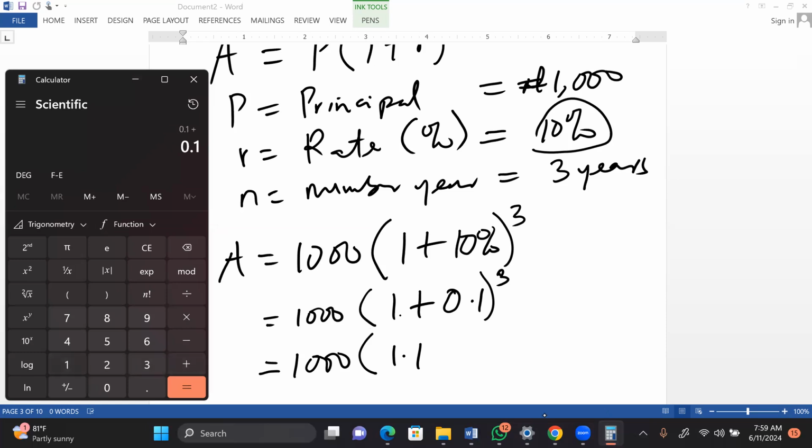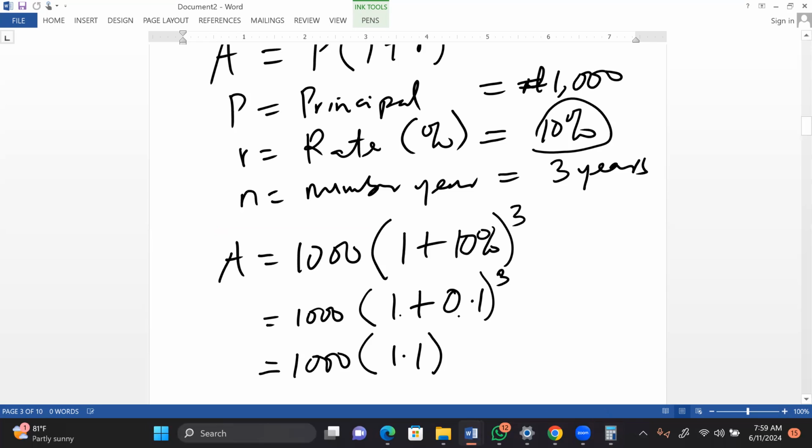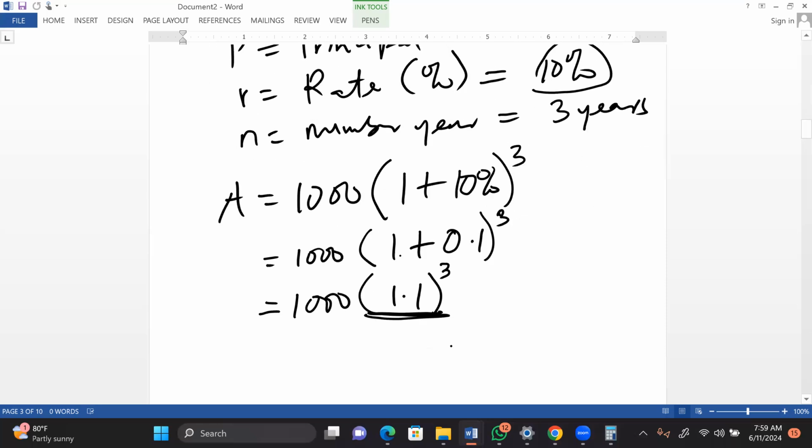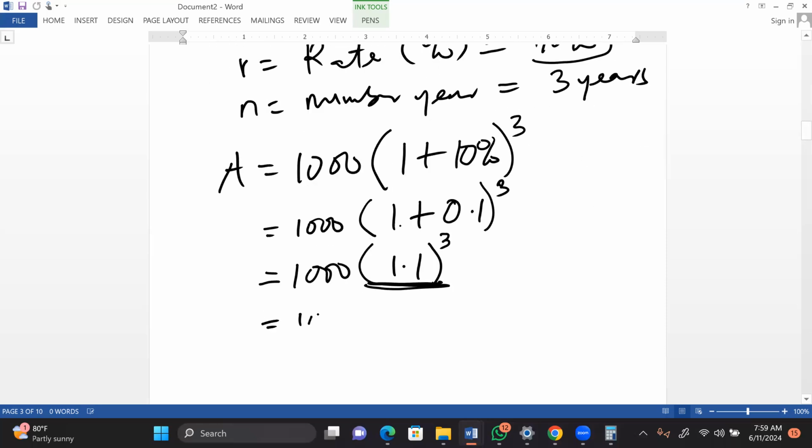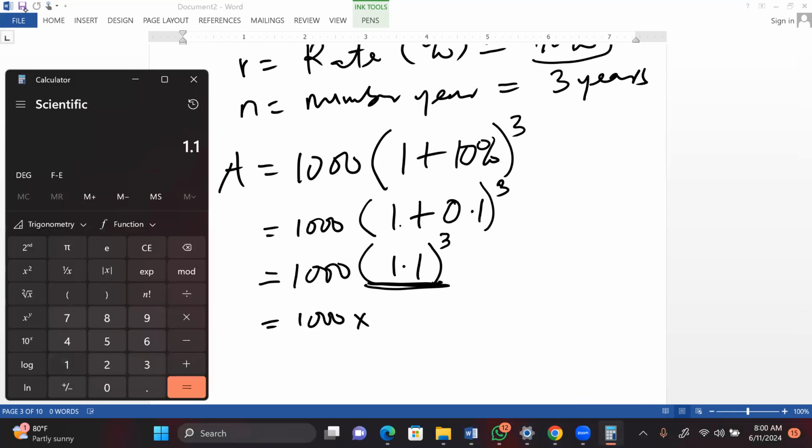If you add the 1, it's going to give us 1.1 raised to power 3. This 1.1 raised to power 3 is the first thing we are going to do. So we are going to say 1,000 times 1.1 raised to power 3.